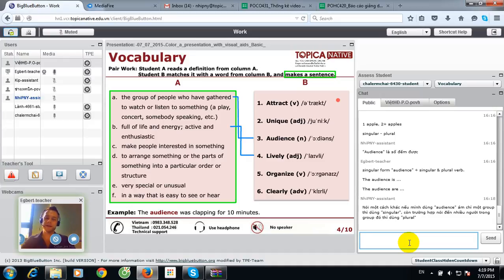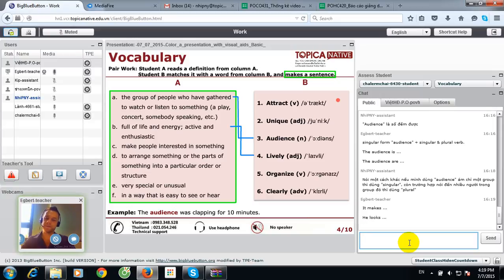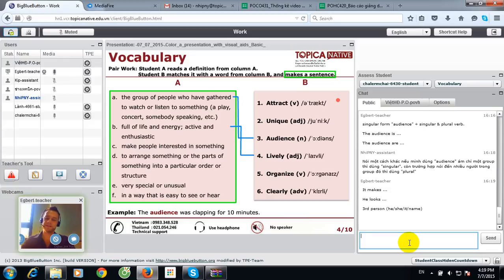So it makes, he looks, and remember, third person, the he, the she, and the it, or somebody's name. Then in the present tense, the verb goes plus the letter S or ES. Yeah, it makes, he looks.